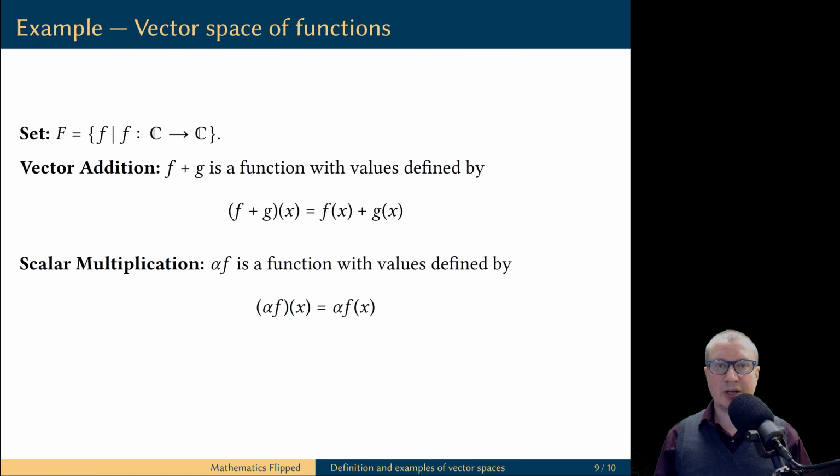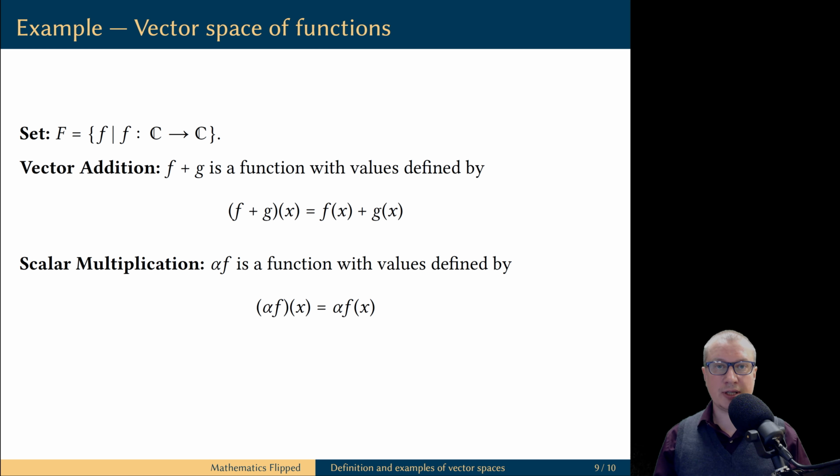Next, let me construct a vector space structure out of functions. The underlying set is the set of all possible functions from, say, complex numbers to complex numbers. We define the operation of vector addition on this set as you would normally add functions in, say, calculus.